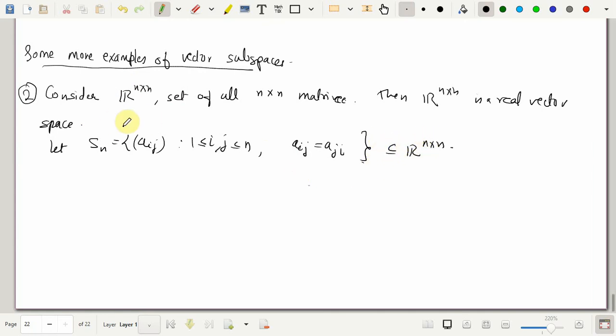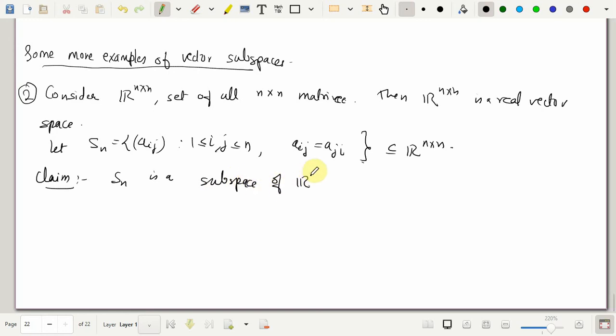We need to check, so the claim here is that this Sn is a vector subspace of R n cross n.